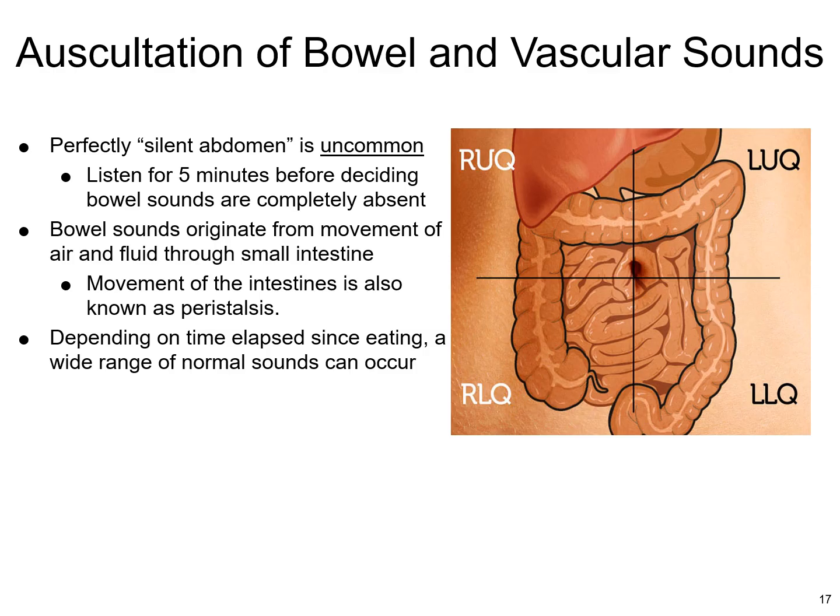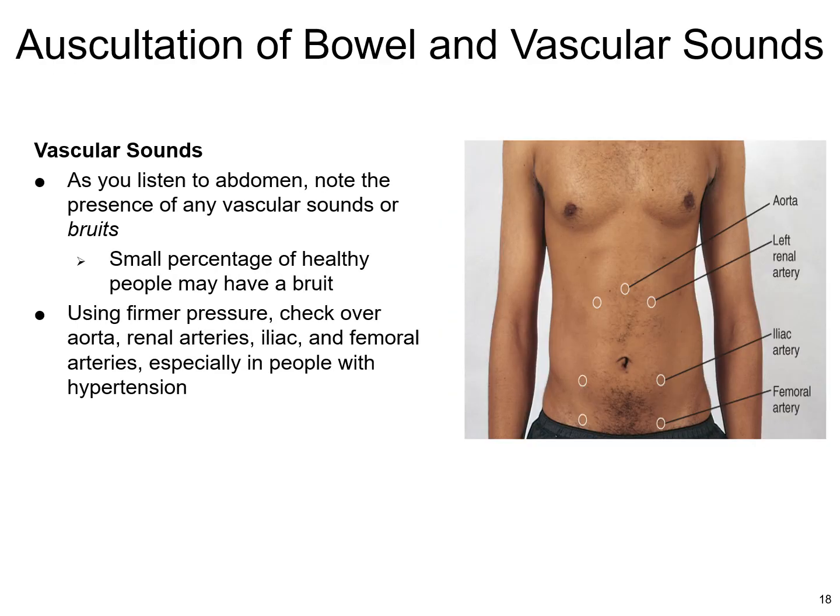sounds are completely absent. Bowel sounds originate from movement of air or fluid through the small intestines. It is called peristalsis. You can also hear vascular sounds when you're listening to the abdominal area.